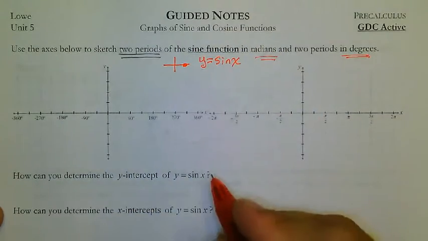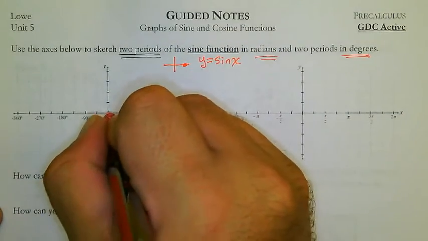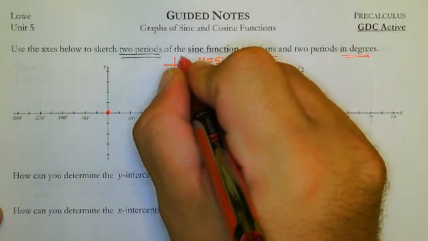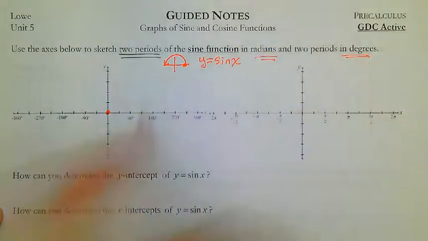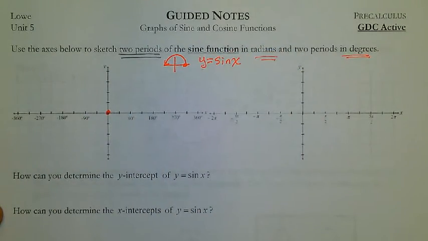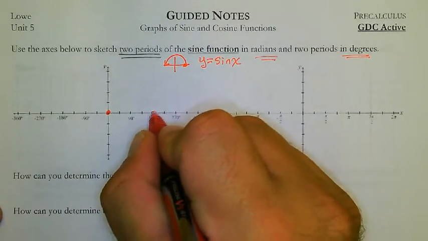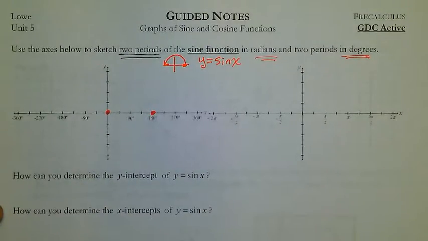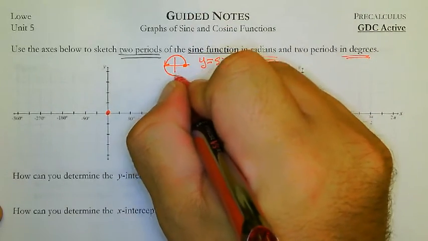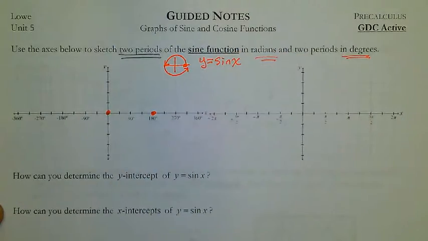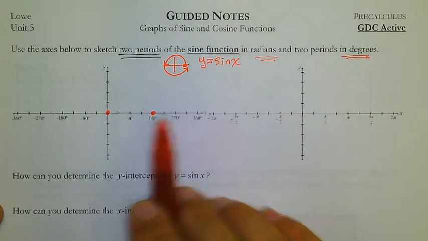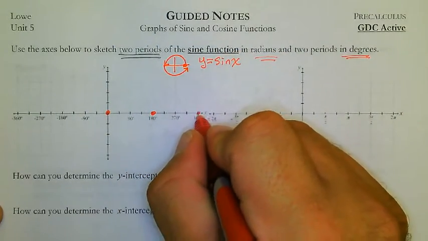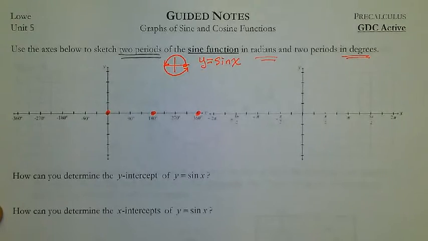If we start at 0 degrees, we know that our sine ratio is 0. When we come around and make half of a revolution, at 180 degrees, the sine ratio is 0. We make another half revolution, and at 360 degrees, the sine ratio is 0.